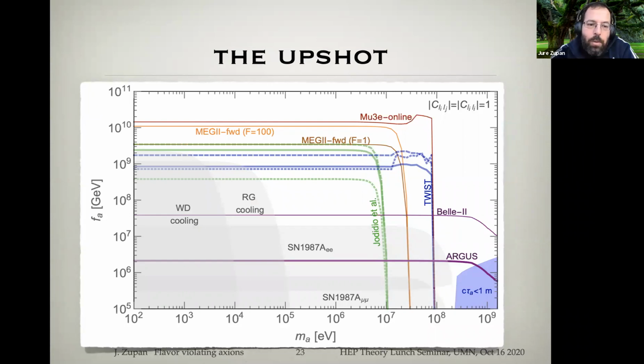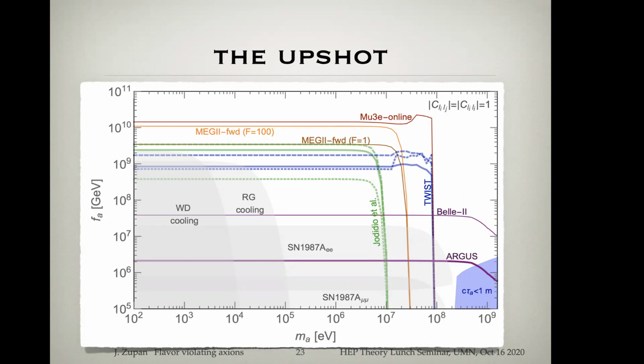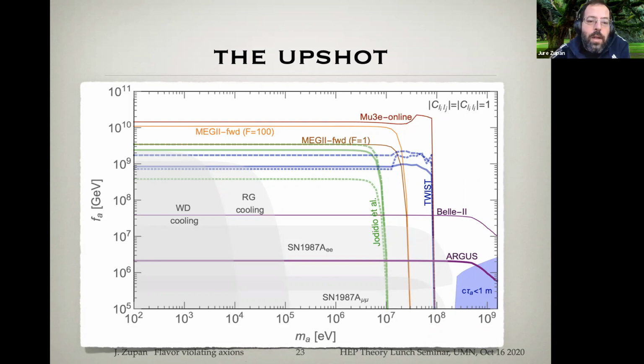So the upshot of what I will show you is shown here. That's the mass of the ALP. So this is 10 to the 2 electron volts. This is the GeV here. So it's no longer the QCD induced mass, yeah, exactly. Depends where we end, but I also have a QCD axion version of this.